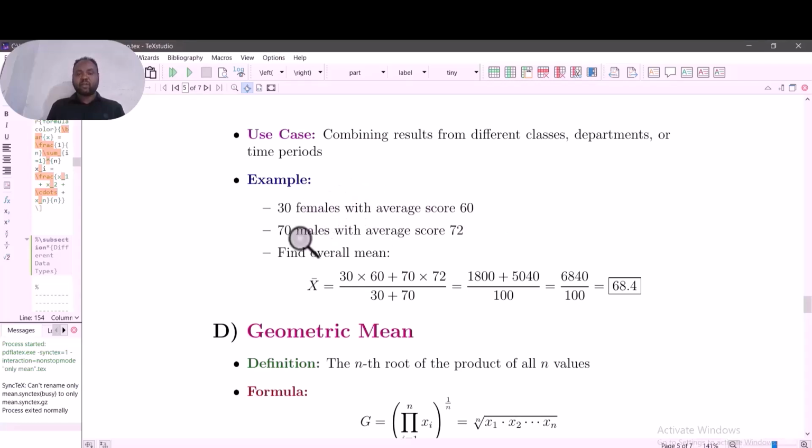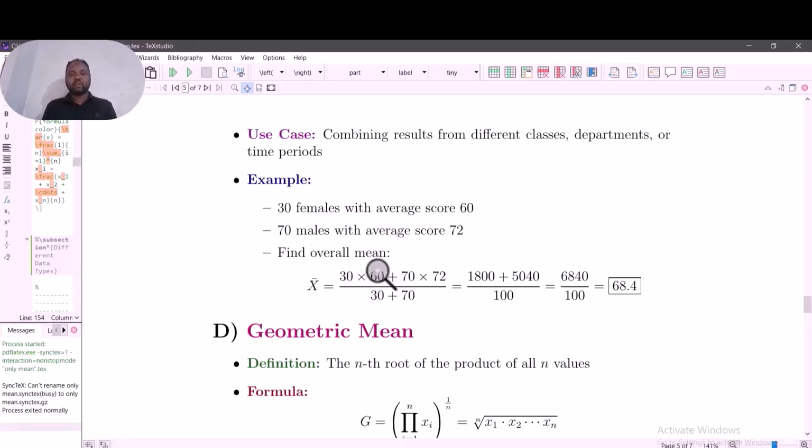The mean of females, the mean of males. For example, the average score of 30 females was 60. The average score of 70 males was 72. This is the gender-wise average score. But what is of interest here is the overall mean, regardless of gender. That figure can be obtained using the combined mean, right?